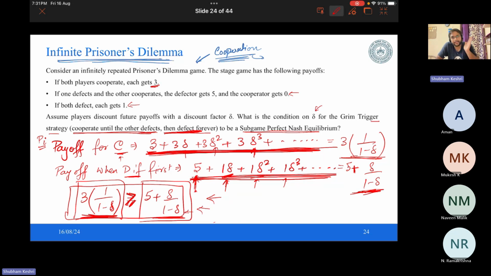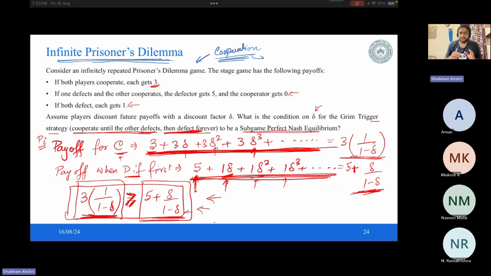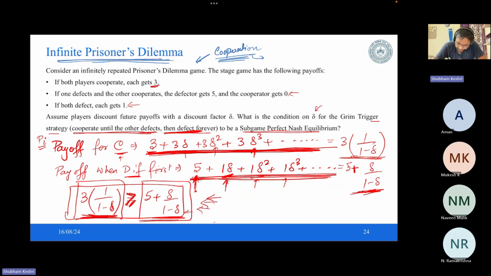This is actually a sum to infinity, right? If the utility when I cooperate is more than what I will get if I defect, then why should I defect? I will not defect. I'm getting more if I am cooperating. So this is the expression which says, if this is true, I will cooperate. If this is not true, I will not cooperate. I will defect in the first iteration only. Why should I wait?